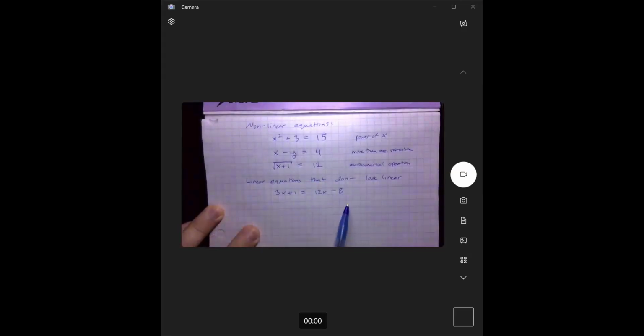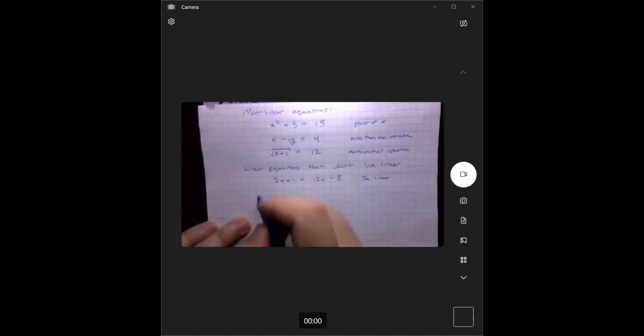It's a little bit more complicated, but again, the only x's are just x's by themselves. There's no powers of x. And the only mathematical operations are multiplication, addition, and subtraction in this case. So this may not look linear, but it is linear because it meets those criteria.